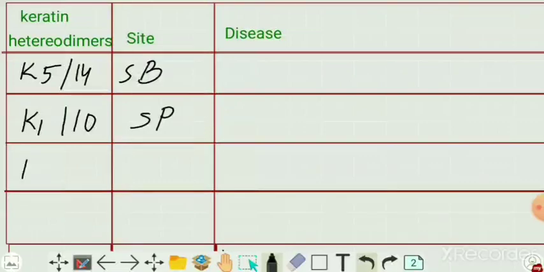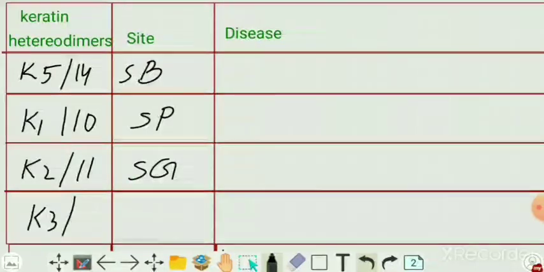And then there is K2 by 11, which is present in stratum granulosum. Then there is K3 by 12, which is present in cornea. K4 by 13, present in buccal mucosa.